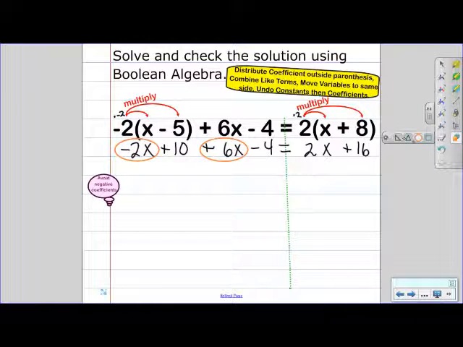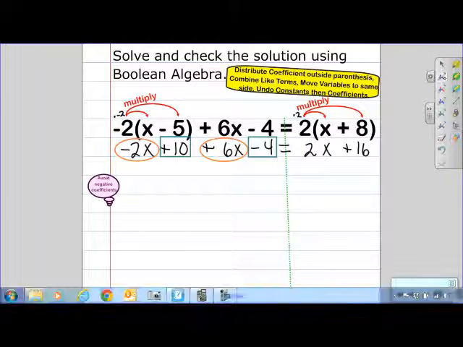And then with my numbers, I have +10, and I also have -4. Now I don't need to worry about these on the other side because we have a variable and then we have a number, and we're not going to be combining those. So we only do it if there's multiple variables or numbers on the same side of the equal sign.